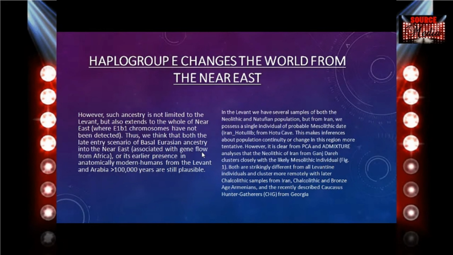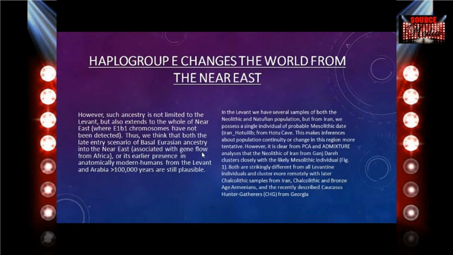From Iran, we possess a single individual of probable Mesolithic date, Iran Hotu 3, from the Hotu cave. This makes inference about population continuity and change in the region more tentative, because these people came into the region and pushed out a lot of the E's that were there previously. However, it is clear from the principal component analysis and admixture analysis that the Neolithic of Iran from Ganj Dareh clusters more closely with the likely Mesolithic individual.